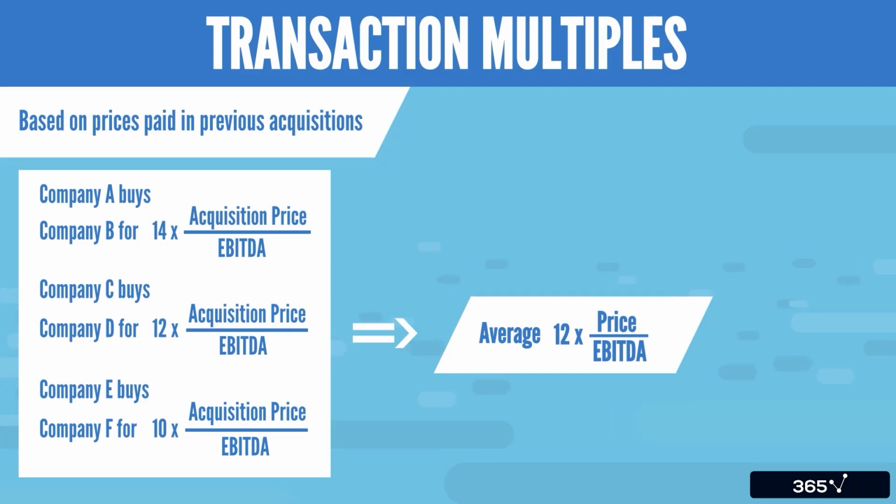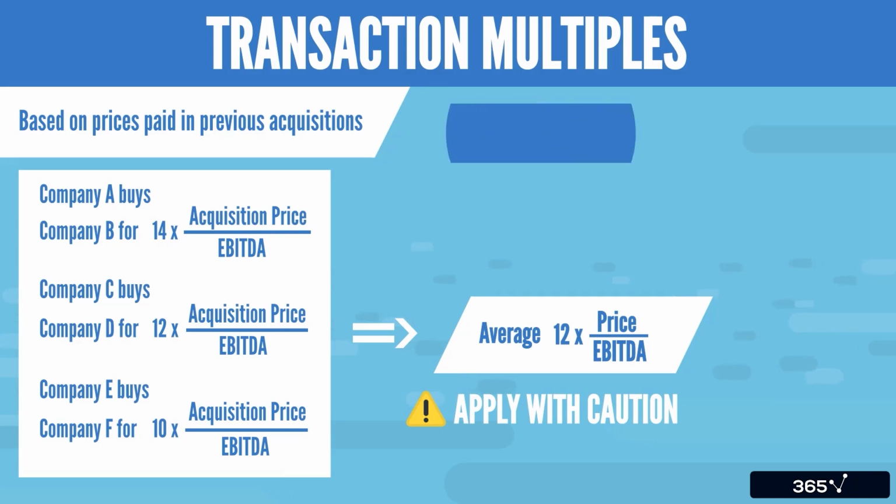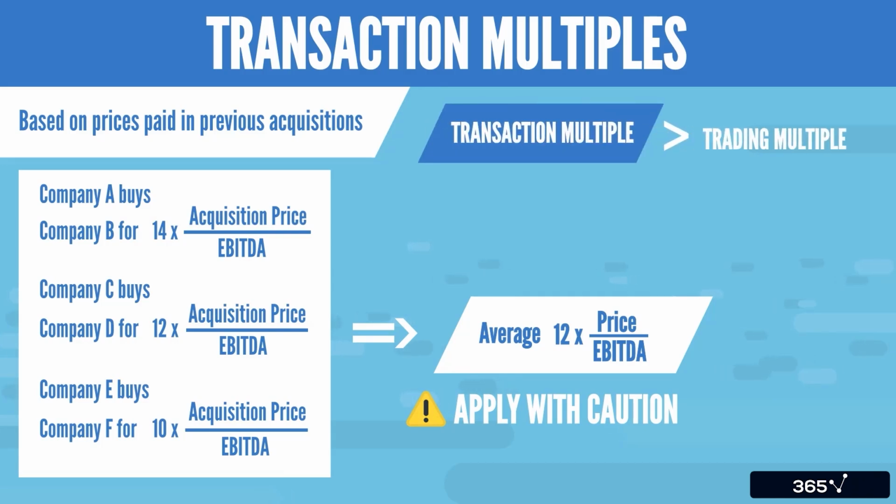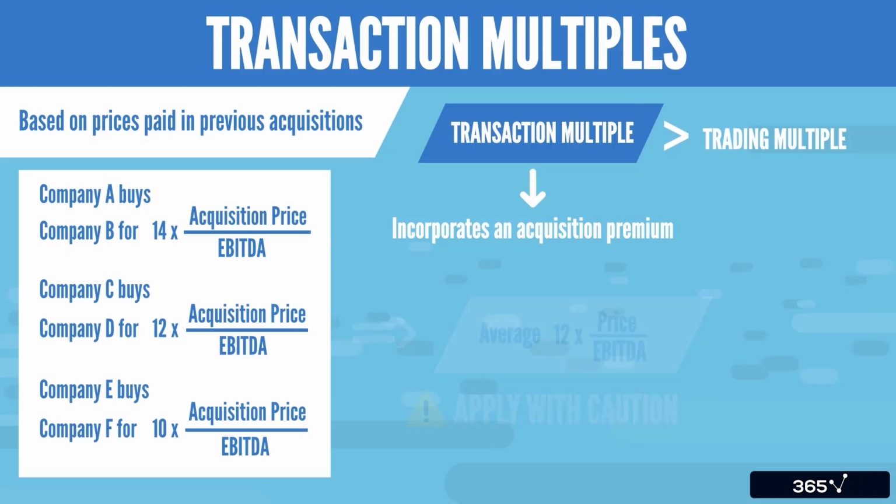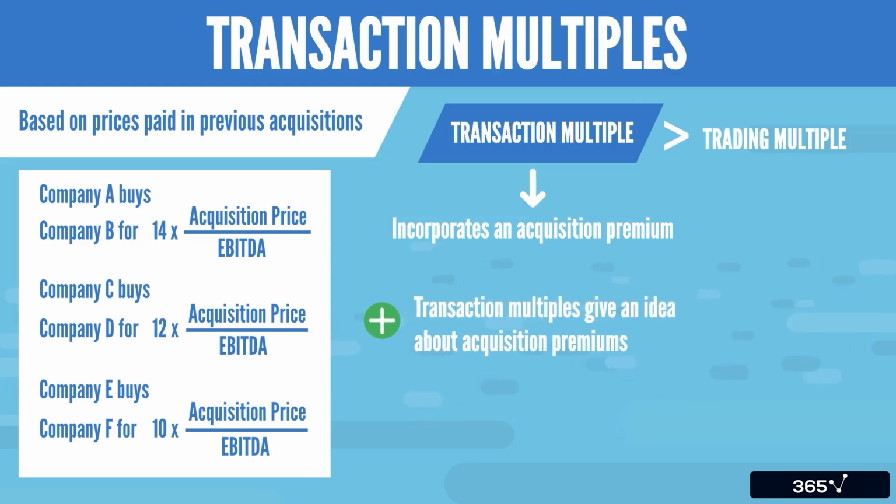Please be aware that transaction multiples should be applied with caution. Theoretically, they are higher than trading multiples because they incorporate an acquisition premium, the higher price paid by acquirers to gain control. Usually, acquirers will pay more than a firm's actual standalone value. We must remember that transaction multiples carry a control premium.